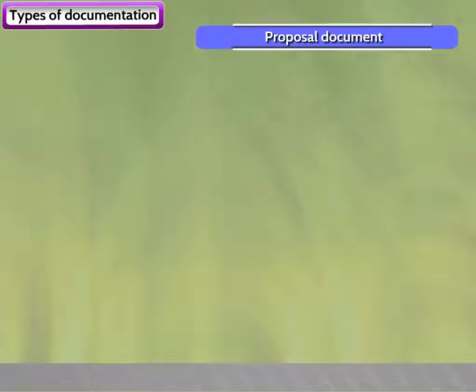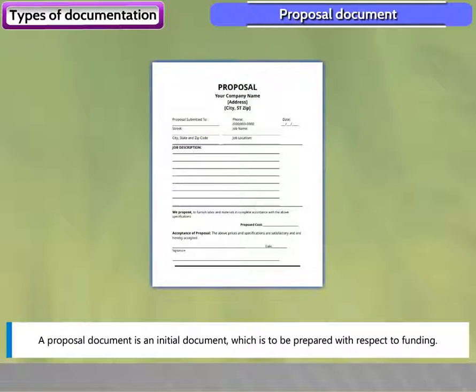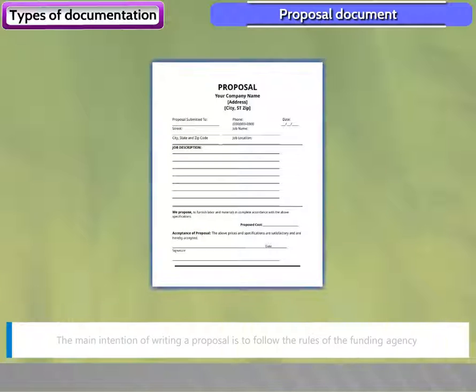Proposal document. A proposal document is an initial document which is to be prepared with respect to funding. The main intention of writing a proposal is to follow the rules of the funding agency.